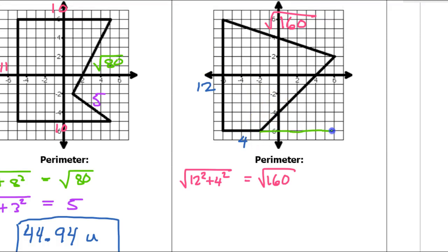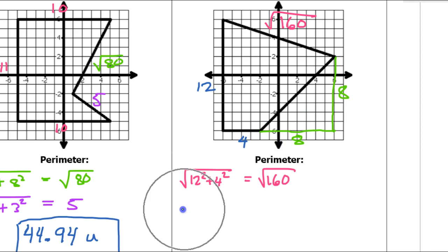So let's do the same thing for this side over here. Let's make a right triangle where this side is the hypotenuse. The horizontal leg of this right triangle is 8, and the vertical leg is also 8. Now I know this is going to be 8 radical 2 because this is a 45, 45, 90 triangle, but that's information from a different video.